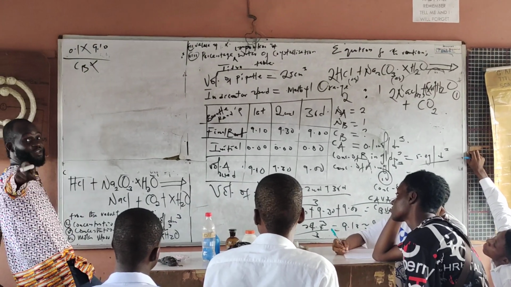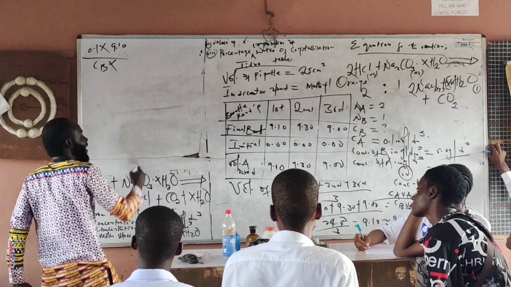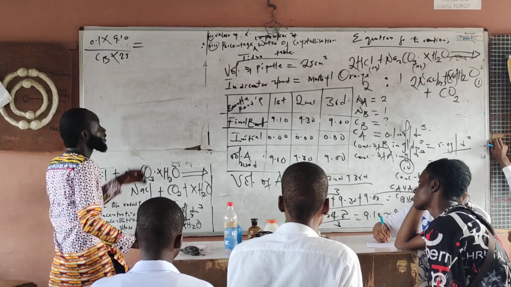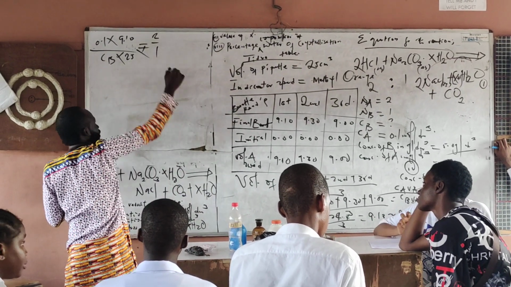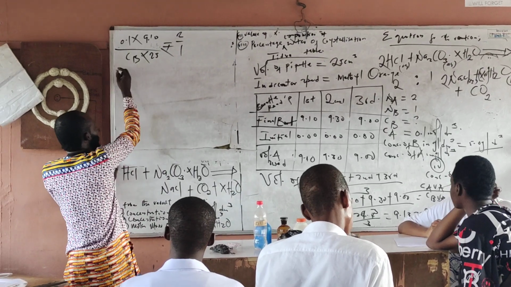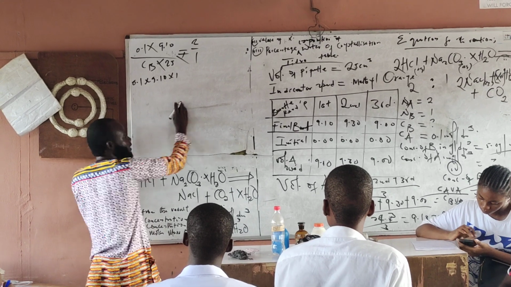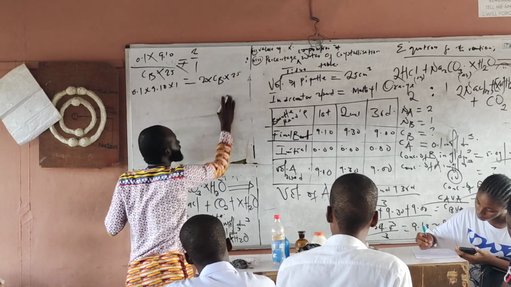Equals to the number of acid over number of base, 2 over 1. You cross multiply. So what do you have? 0.1 times 9.10 times 1 equals 2 times CB times 25.